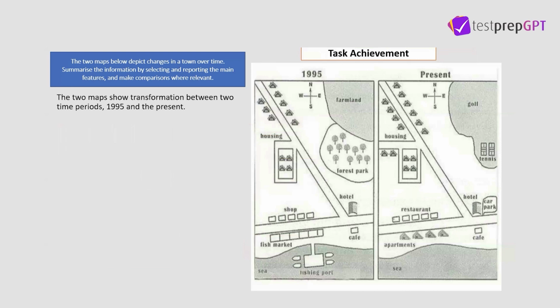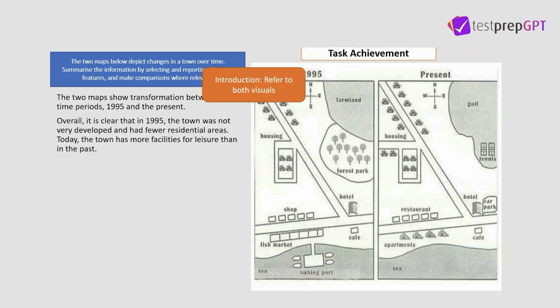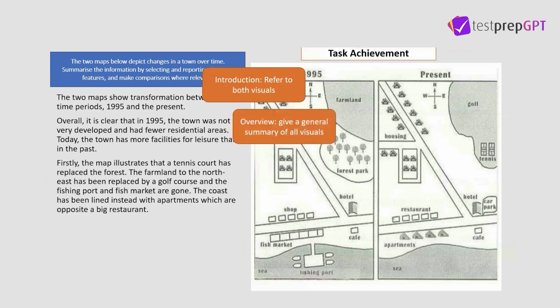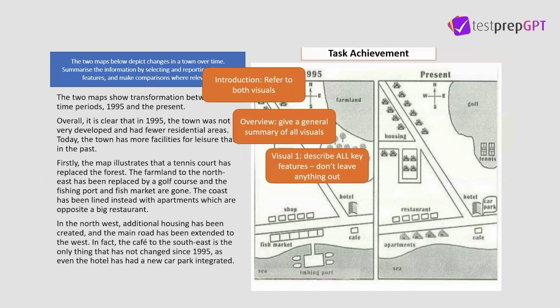Task achievement: the idea is to not leave anything out. You need to be covering everything. So in the intro, you're presenting the 2 maps, or 3 if you had 3 maps. And in the overview, a general summary. And this is where you present the key features, in main body paragraphs 1 and 2. You're describing everything.